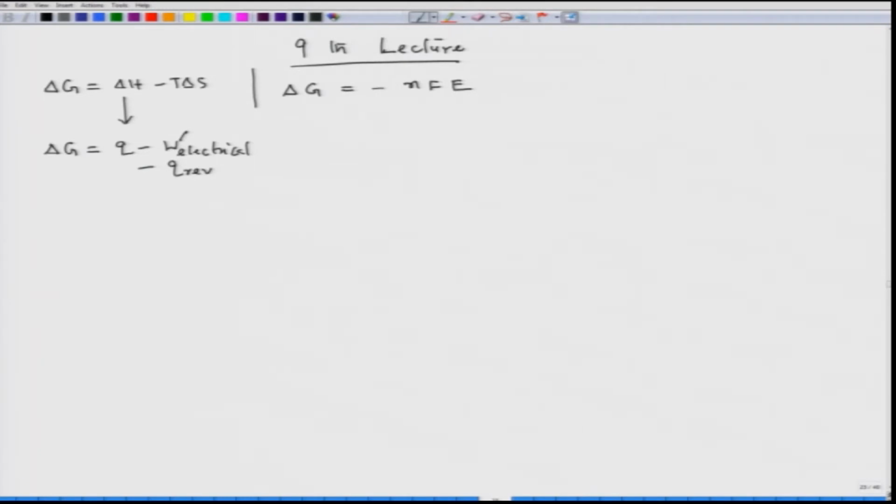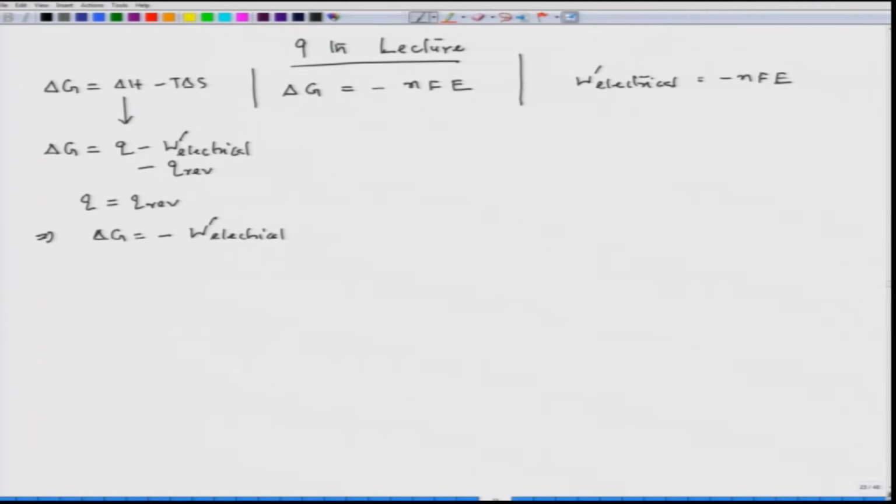And then finally we considered the reversible situation. In the reversible situation, Q equal to Q reversible. So, we got delta G equal to minus W prime electrical. Whereas, on the other side, we tried to see the work done, which is W prime electrical, if there is some charge flow across a potential difference, and that goes to nFE.